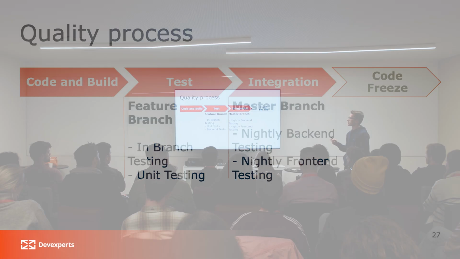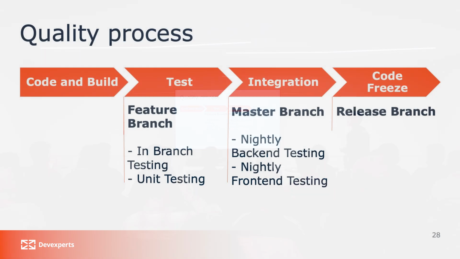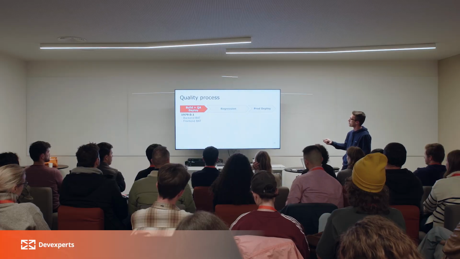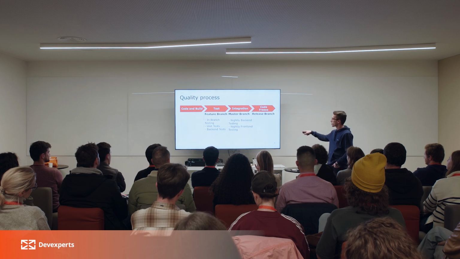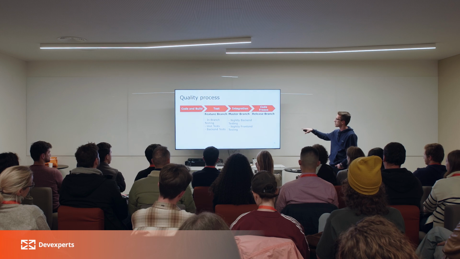This is not triggered automatically, but every night we can check if the master branch is okay. And after all this merging process, we have our code freeze, and then we create the release branch. And so we keep running nightly backend testing and nightly front-end testing against the release branch as well.